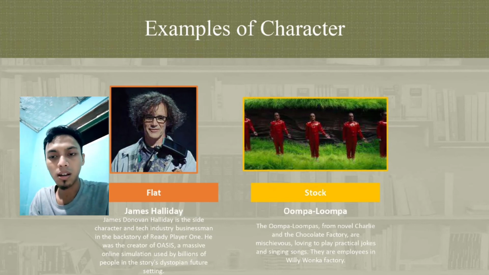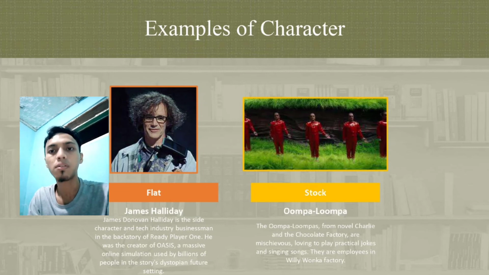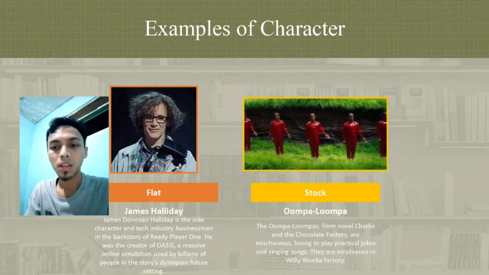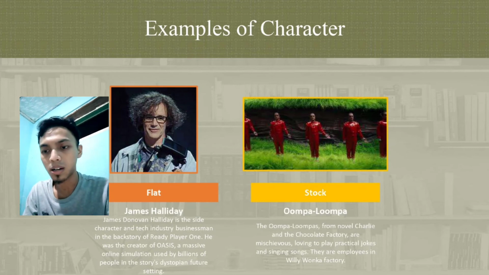This character has only a few characteristic traits, like he is calm and also clever. Besides that, he is wise, both in the movie of Ready Player One and also in the novel. And also the last is stock character.